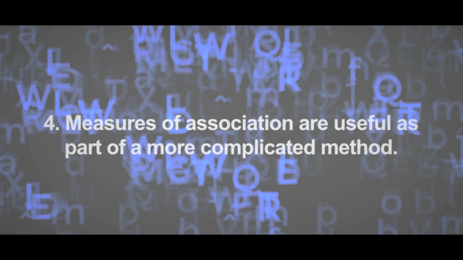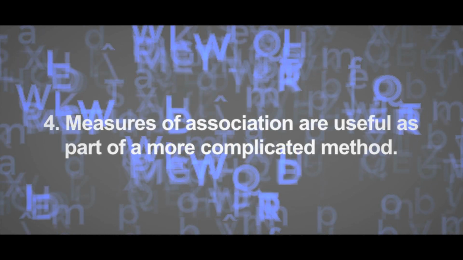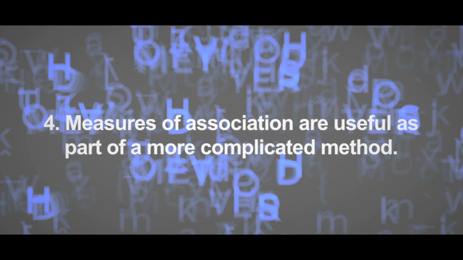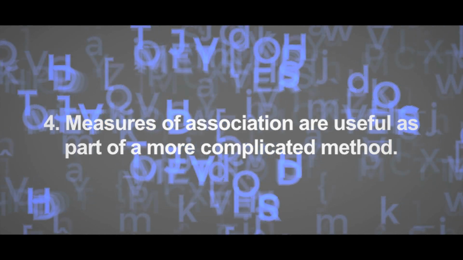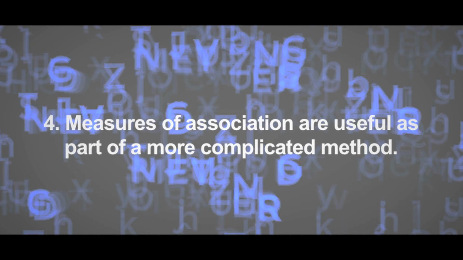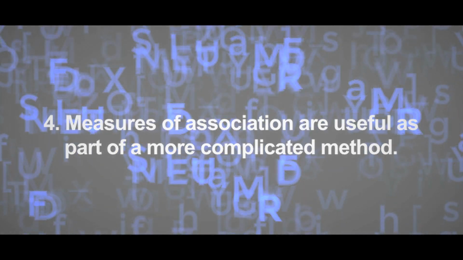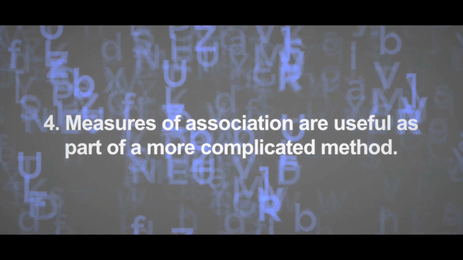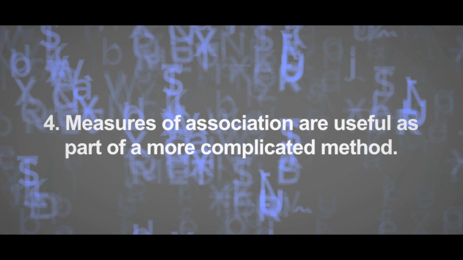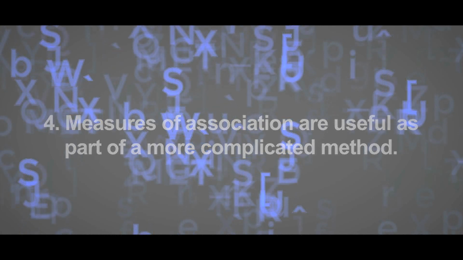One of the reasons why we don't see very many published papers using measures of association is, I think, because they're quite straightforward and they don't always tell us anything about causality. However, I think my use of them in this paper, in this article, shows that measures of association can be quite useful as part of a more complicated research method to show a relationship between two variables.